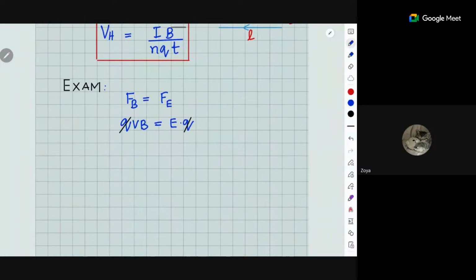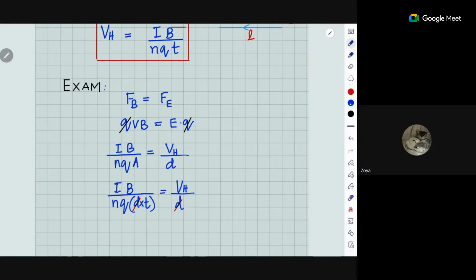It is equal to I divided by n q A into B, and that will be V_Hall divided by d. You will simply write in this way, and after one step it will be your desired equation. You will write t into d or d into t equals V_Hall divided by d. Then you will cut this d and d, and finally you will get this.